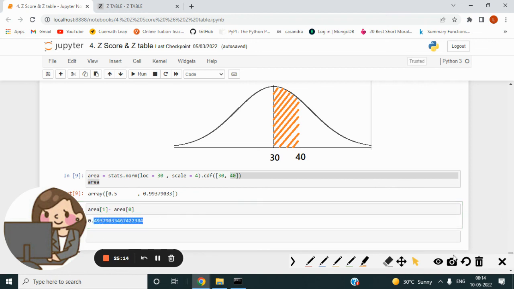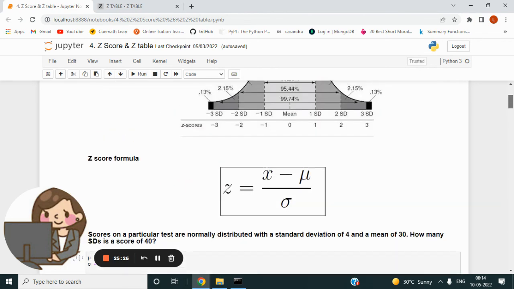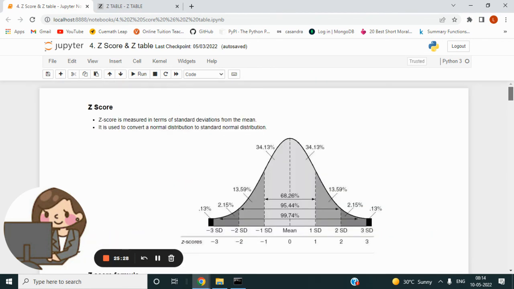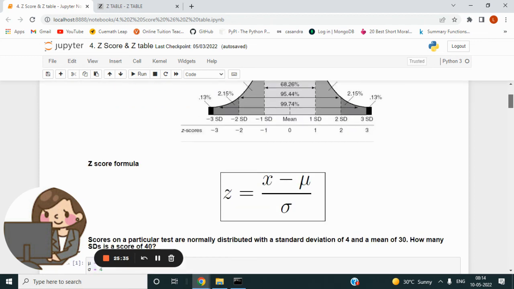So that is how we can use the Z table manually and also through code to calculate the area below a particular value. Today we have seen what a Z score is. Z score is basically a measure which gives you an understanding of how far a point is from the mean. It is also used in standardization.